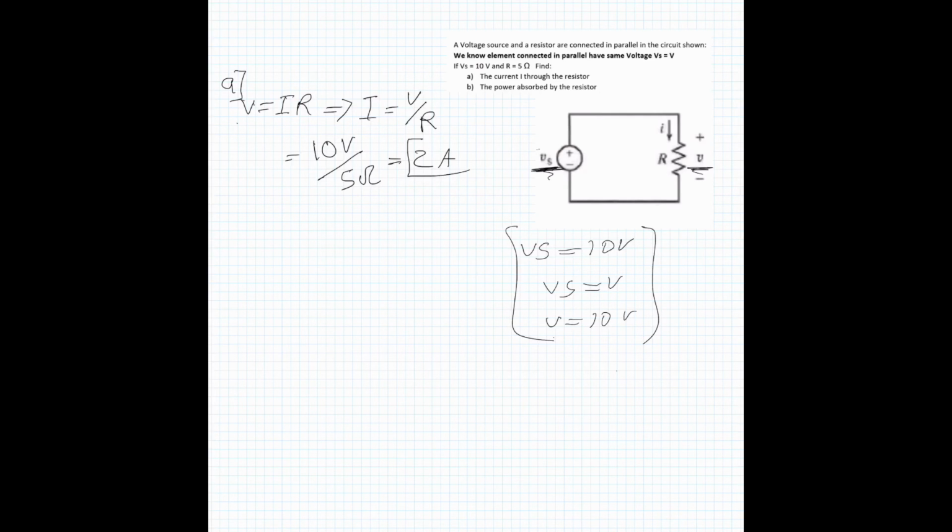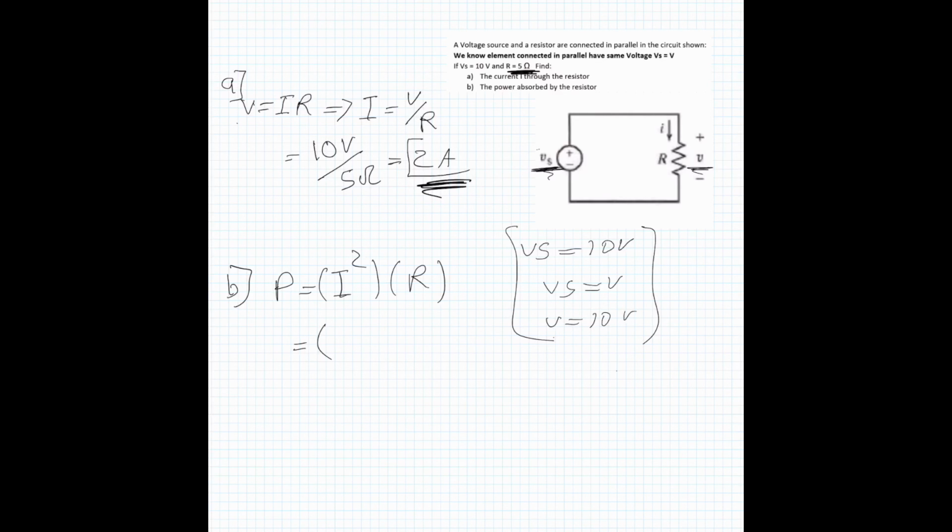For part B, the power absorbed by the resistor. The power rule says P equals I squared multiplied by R. We know our I, and we know our R, which is 5 ohms.